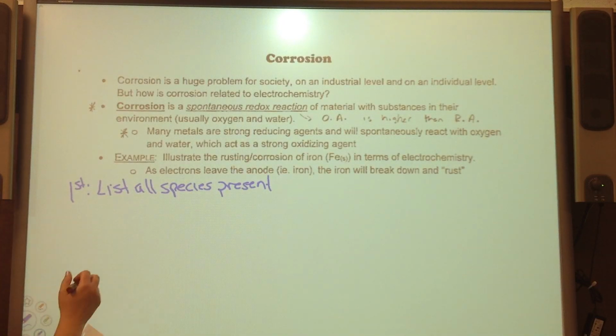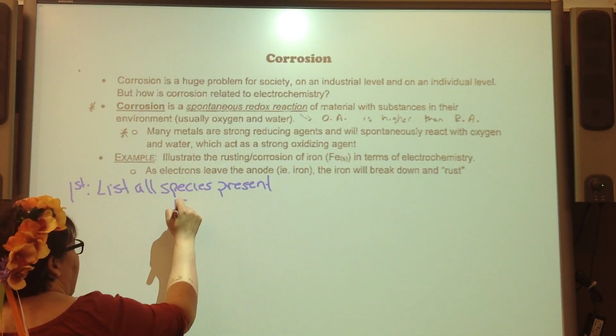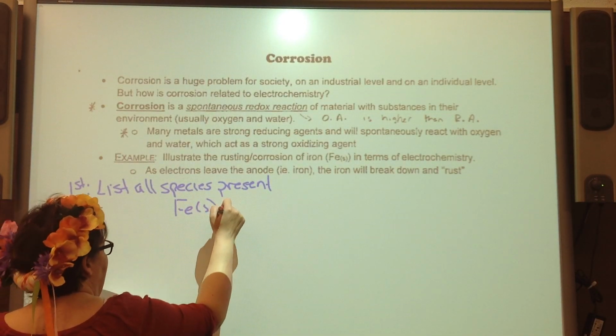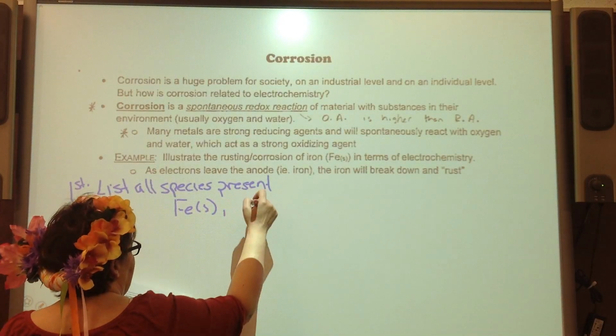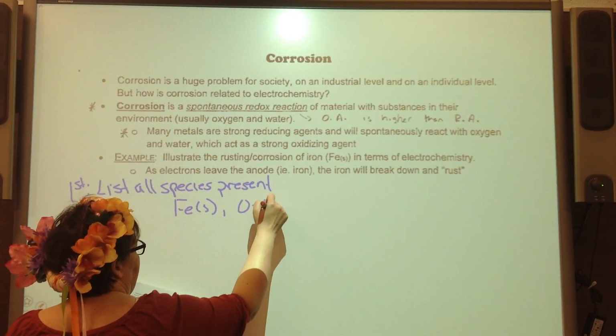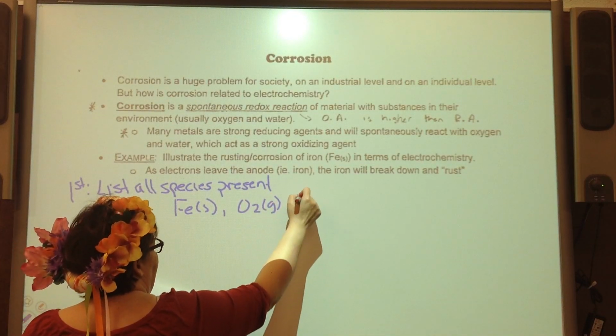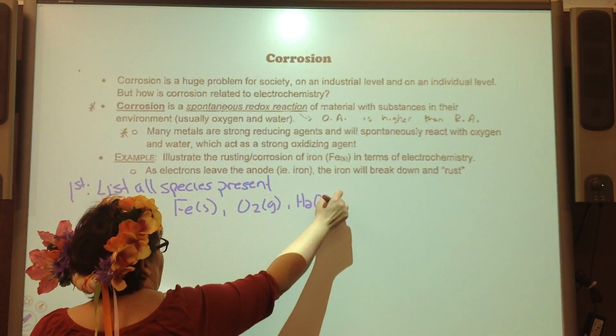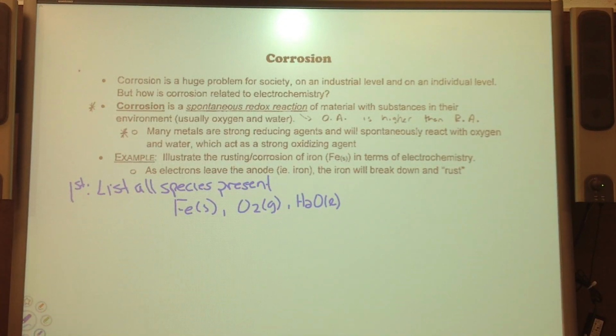We're going to have iron, and iron's going to break down into something. We're going to have oxygen, and typically we have water. That's what we're going to be seeing.